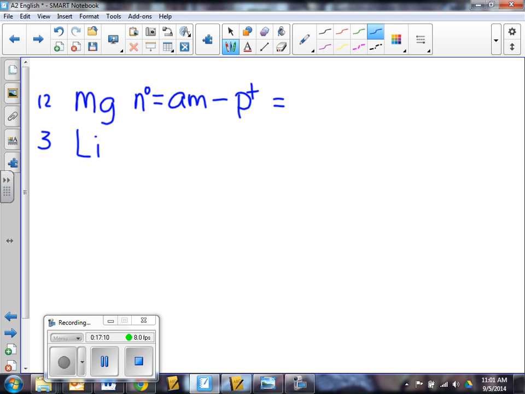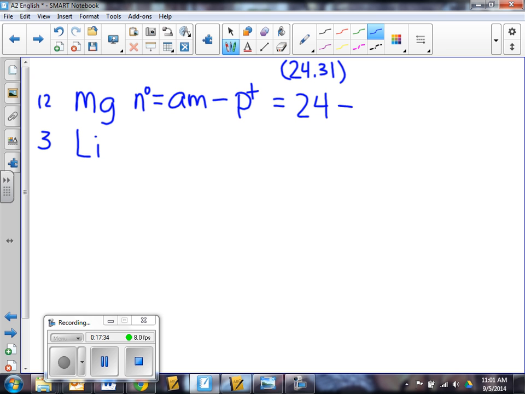The reason is, can I have 0.31 of a neutron? No, that's kind of ridiculous. So I'm always going to round that number to the nearest whole number. Sometimes I might round down, sometimes I might round up. In this case, instead of 24.31, I'm just going to write 24. That's the rounded off mass.